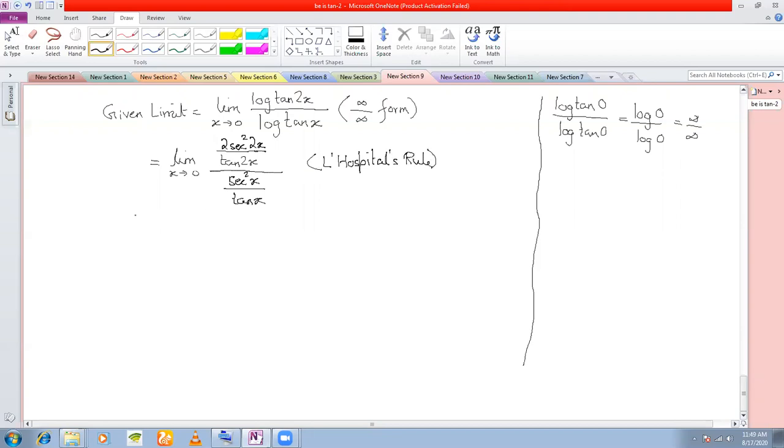Okay, in the next step you change everything to sine and cos. For sec square 2x you have 1 by cos square 2x, and 1 by tan 2x becomes cos 2x by sin 2x.